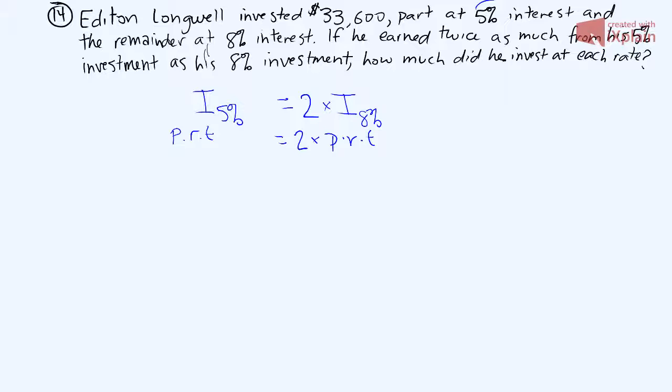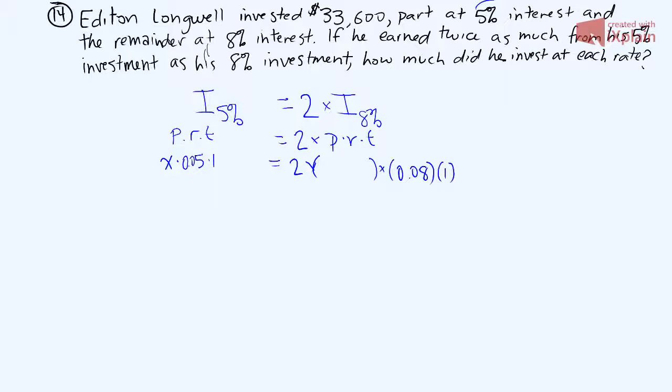So our principal here for our 5% is, we'll say that it's X, and our rate is 0.05, and this is for 1 year. And we know this is equal to 2 times our principal, which we'll come back to, multiplied by 8% as our rate, which is 0.08 times 1.